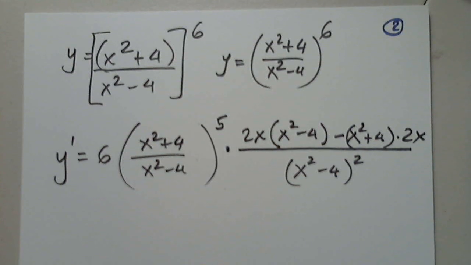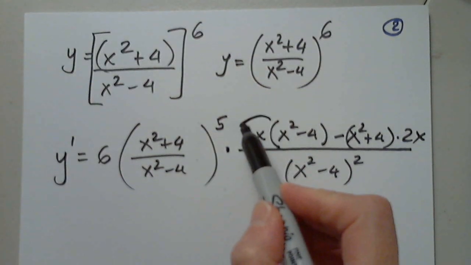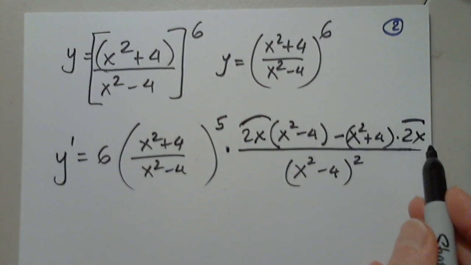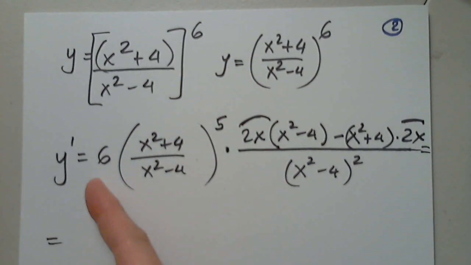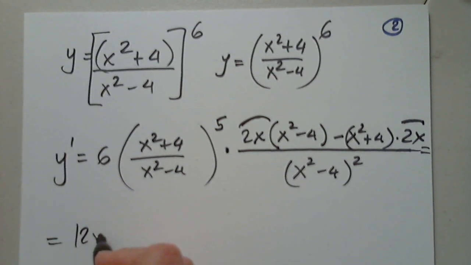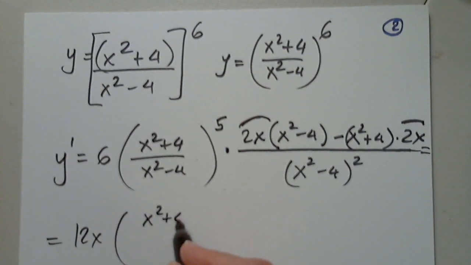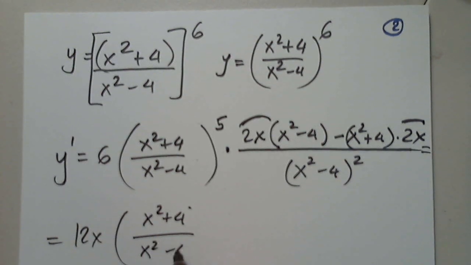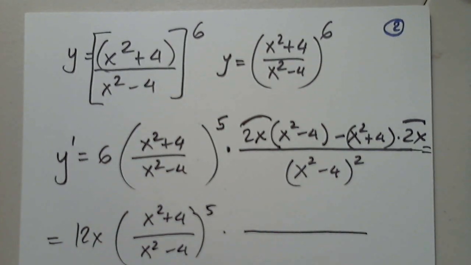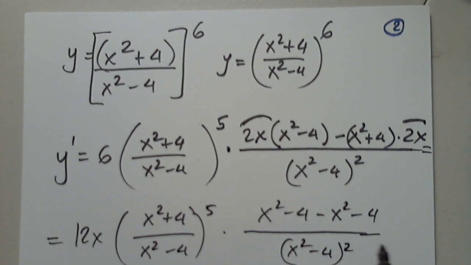Yes. Okay, perfect. The next step, of course, I will factor out 2x. So 2x times 6 will be 12x, times x squared plus 4 over x squared minus 4 to the 5th power, times x squared minus 4 minus x squared minus 4, divided by x squared minus 4 squared.